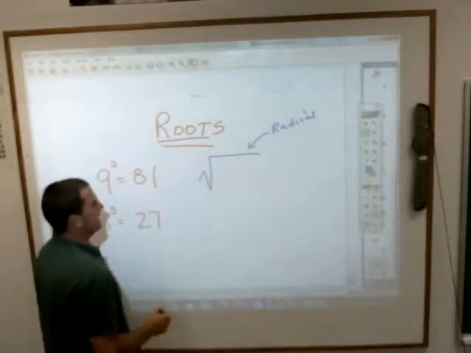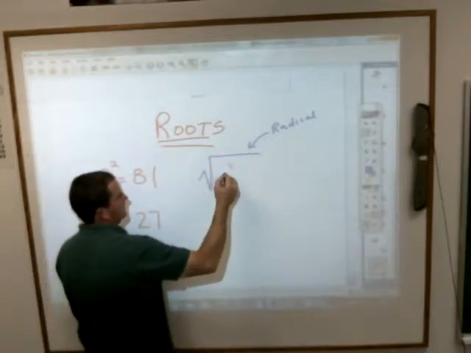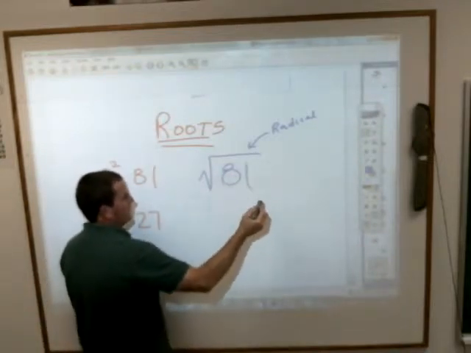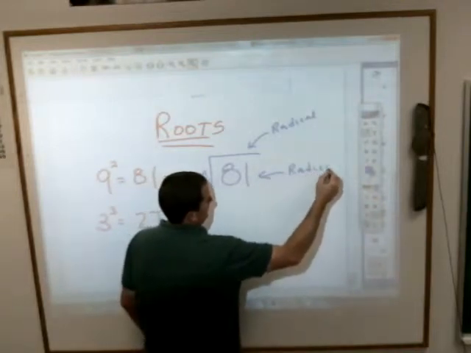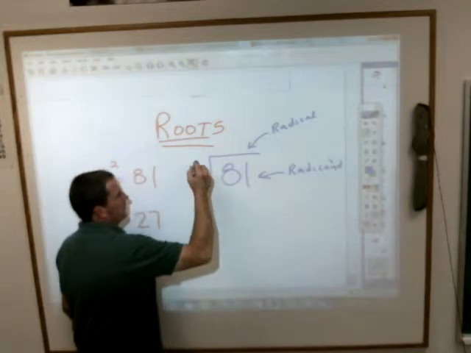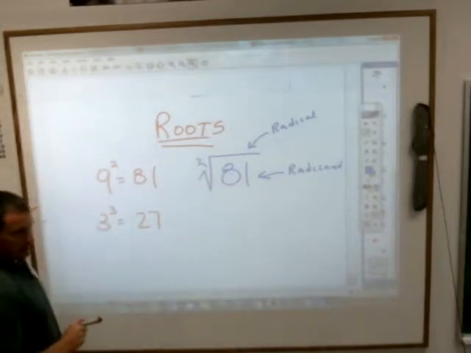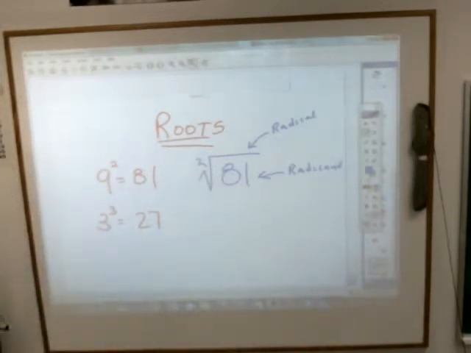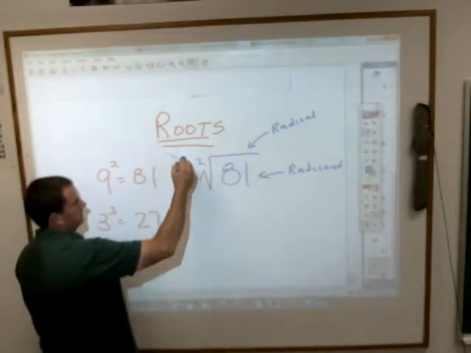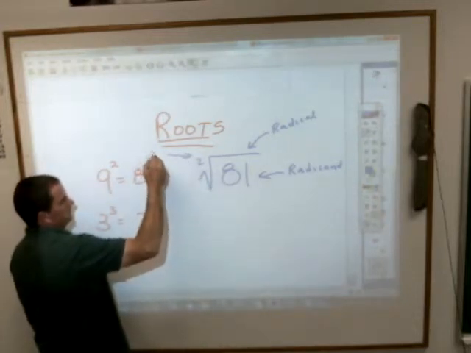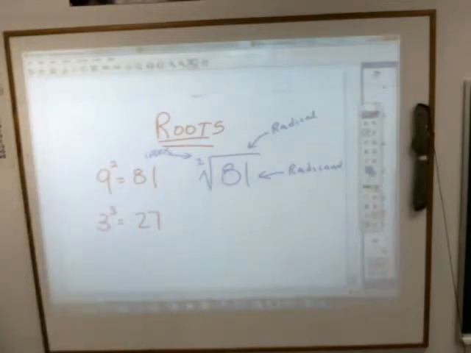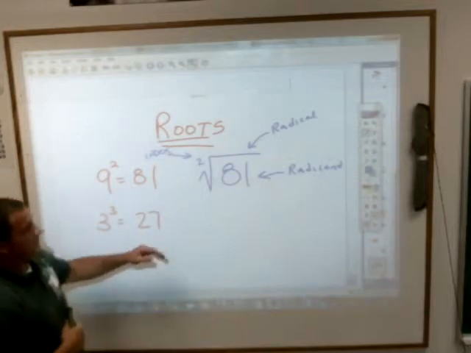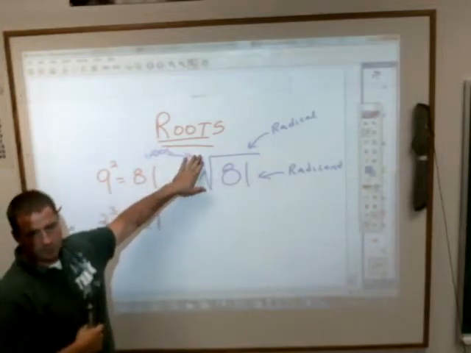Inside the radical sign is what we call the radicand. And the number that goes in the little crease right there is the index number. Now, generally speaking, ladies and gentlemen, we don't put the 2 there.